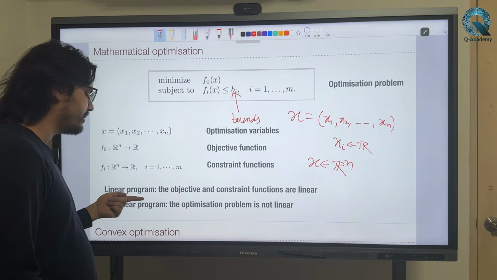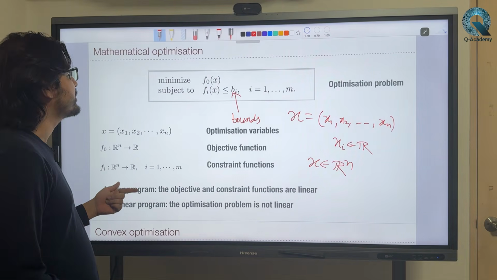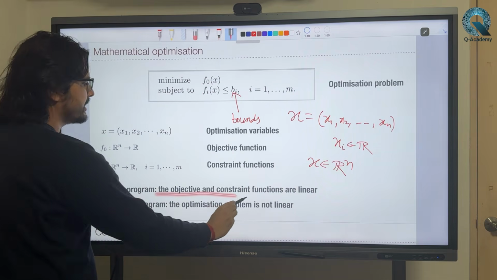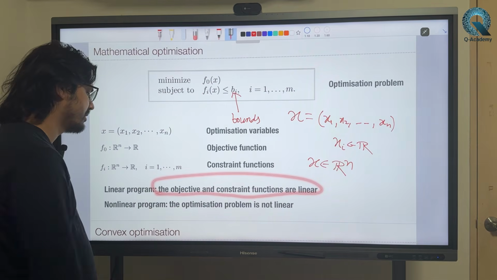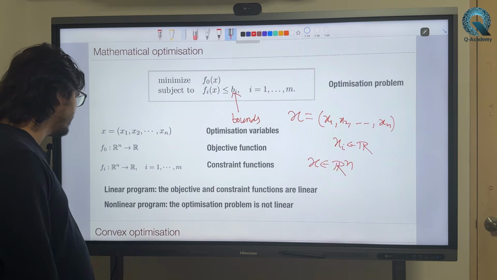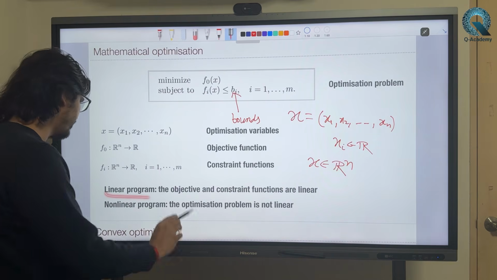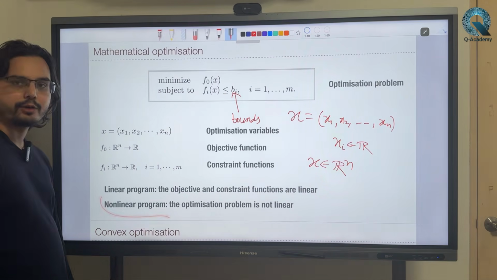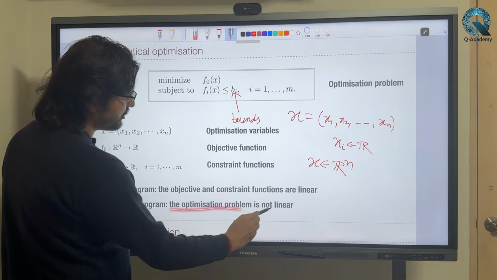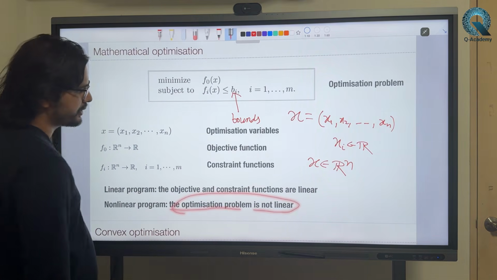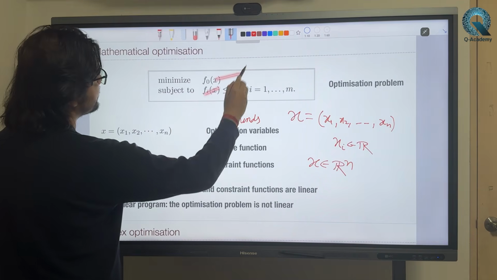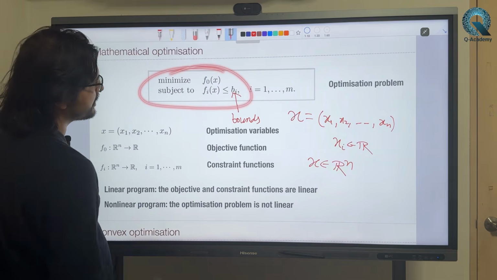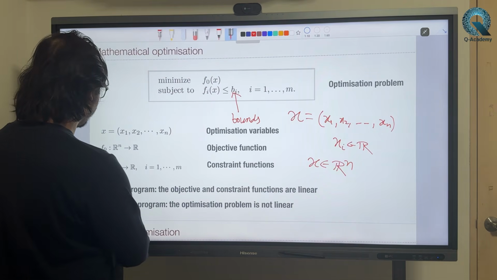A linear program is a special case of optimization problem where the objective and the constraint functions are linear. If this is linear, then you call it a linear program. If any of them is non-linear, then you call it a non-linear program.